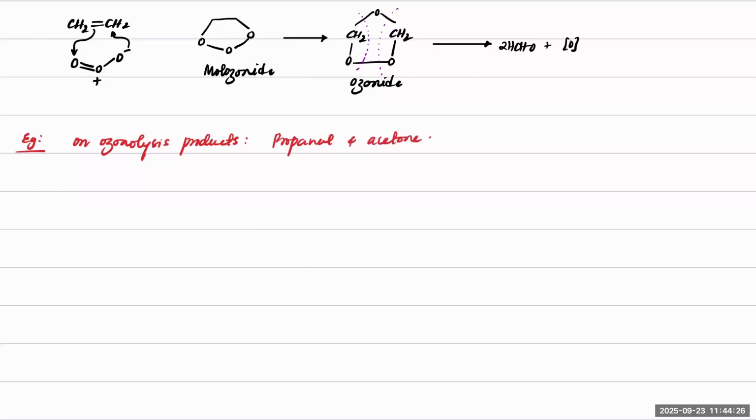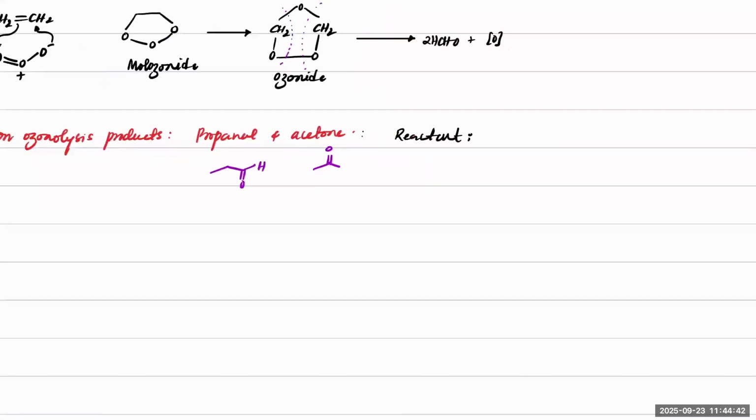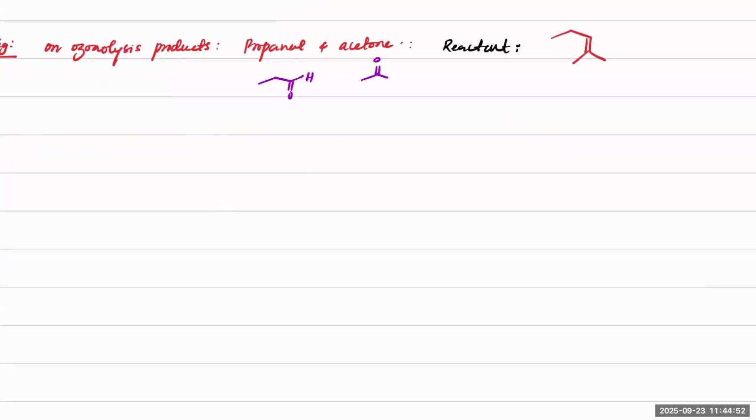Just check out their basic structure here. Propanal is like this one, and acetone is like this. So just include those two and make a reactant. What will be the reactant in this case? The reactant would be like this. You must have a double bond here this way. Only when you break this bond will you get these products. So this is a very standard question that is being asked.